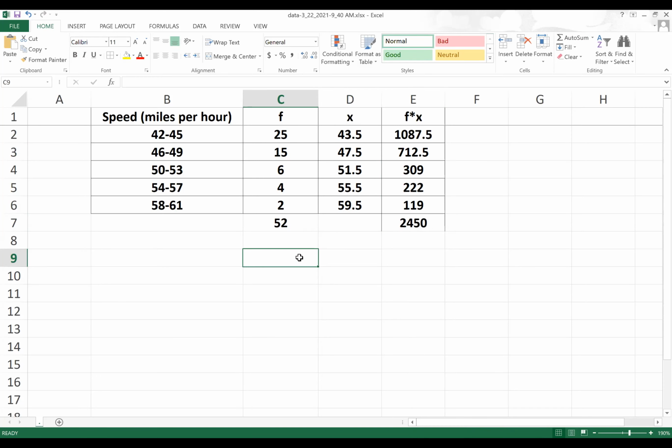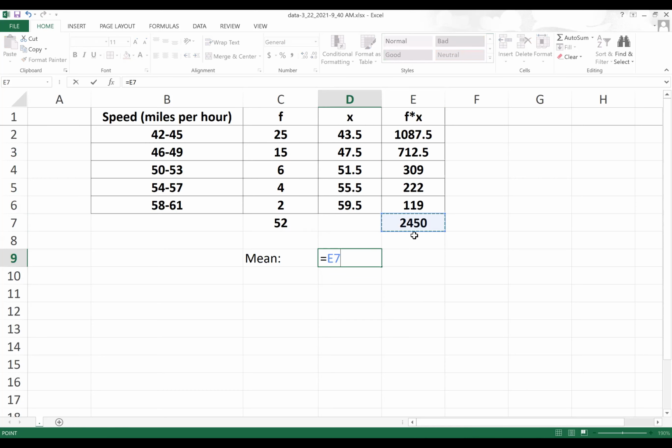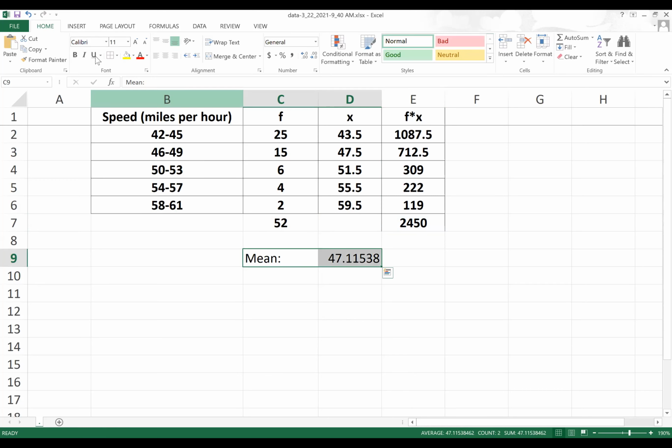And from there, we calculate the mean, X bar, right? So it should be the total of this product, F times X, divided by total frequencies, 52. That should give us the mean. And let's see how many decimals they want us to round to.